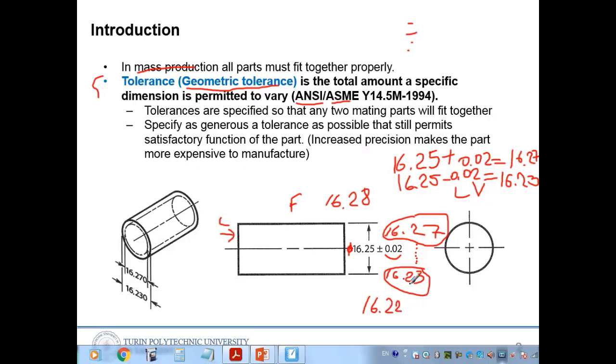Everything inside of 23 and 27 is allowed, within this tolerance. So the amount permitted to vary gives us the geometric tolerance.